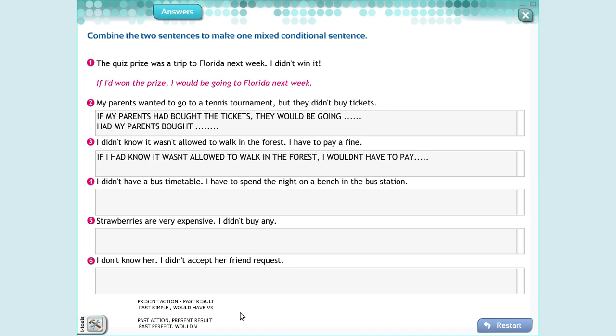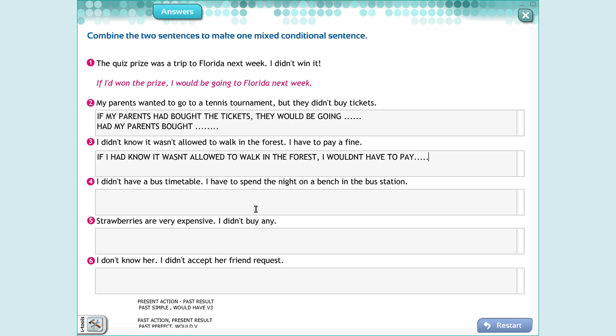I didn't have a bus timetable. I have to spend the night on the bench in the bus station. So this one is the same idea. Lá no passado, se eu tivesse horário dos ônibus, cronograma dos horários, hoje eu não estaria sentado no banco da estação de trem, esperando, dormindo, ok?